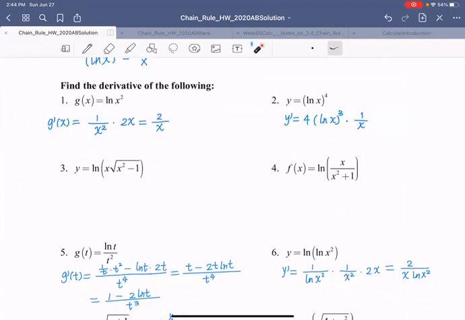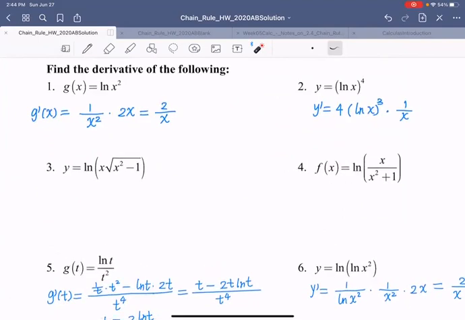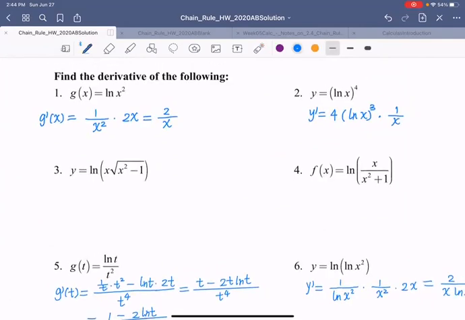Olivia, let's do number 3. Is it 1 over x times square root of x squared minus 1? And then it's times x.